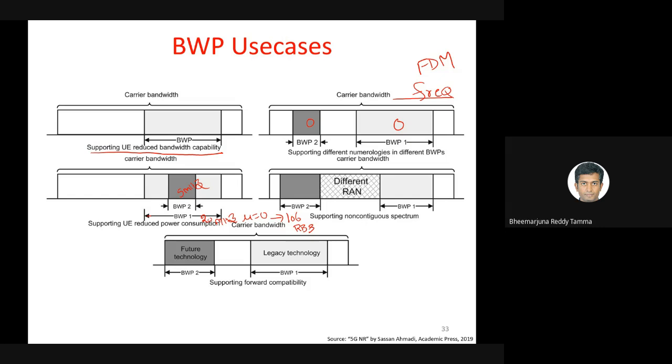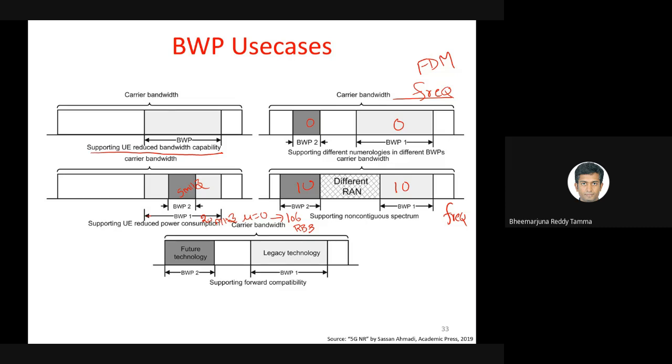The fourth use case is about supporting non-contiguous spectrum. If the operator, for whatever reason, isn't able to get a channel bandwidth of 20 megahertz contiguously, but gets 10 here and 10 here, in the frequency domain again, then it takes these two bandwidth parts together to get a cell of 20 megahertz, but they are not contiguous.